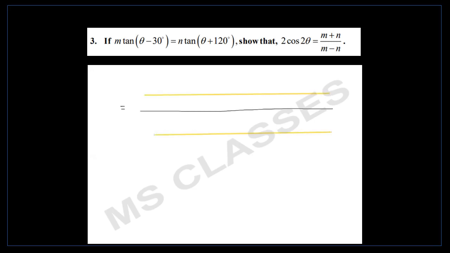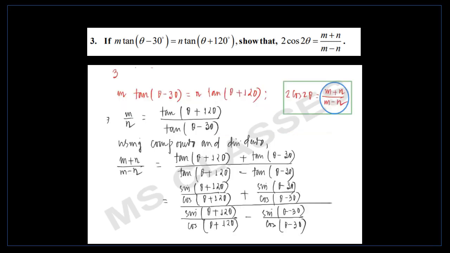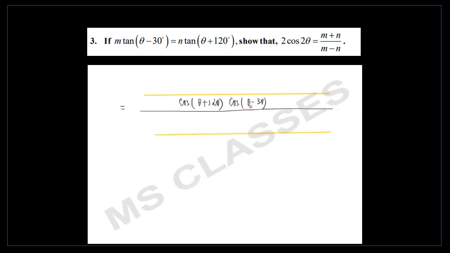We take here LCM cos(theta plus 120) cos(theta minus 30). So that we have taken LCM, this one.